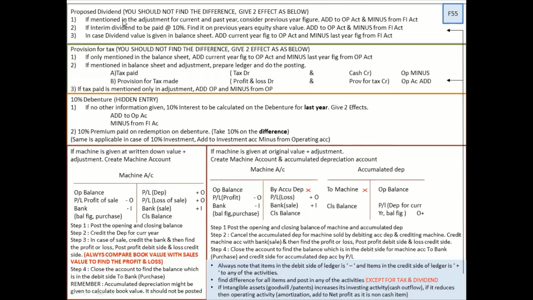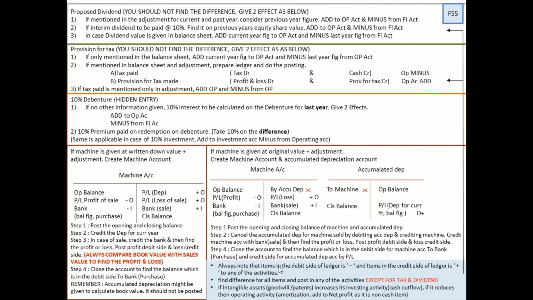Like proposed dividend, if it is mentioned in the adjustment, you have to consider the previous year, and you're going to add to operating, minus from finance. Same thing for provision for tax, for 10% debenture, and for the machinery account. Both the methods are very clearly mentioned here. Step by step, things have been explained.